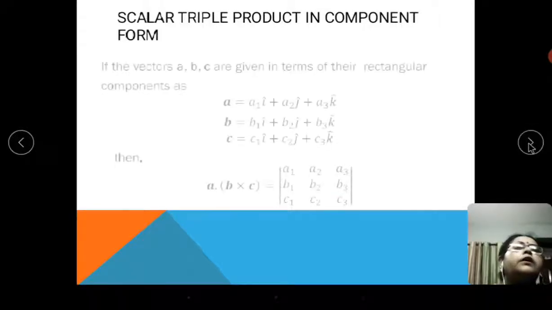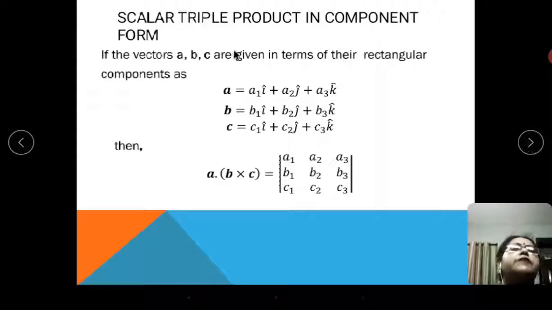And lastly, about scalar triple product, we see the expression in component form. So now if we have three vectors A, B, C which are given in the following way in component form, A is equal to A1i plus A2j plus A3k, B is B1i plus B2j plus B3k, and C is C1i plus C2j plus C3k, then the scalar triple product is given by this 3 by 3 determinant.